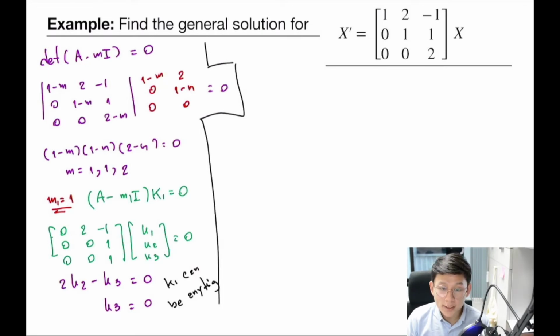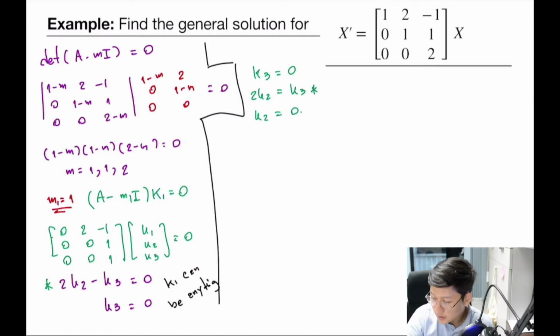If you solve this, you have that k3 is 0, right? So 2k2 is k3, from this equation, which means that k2 is also 0 as well.